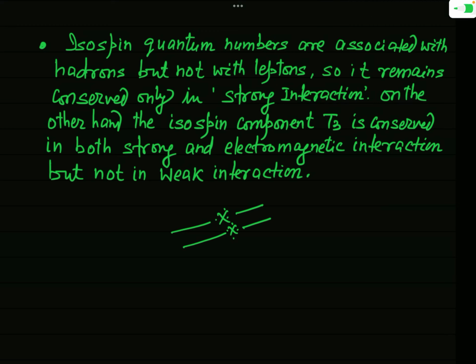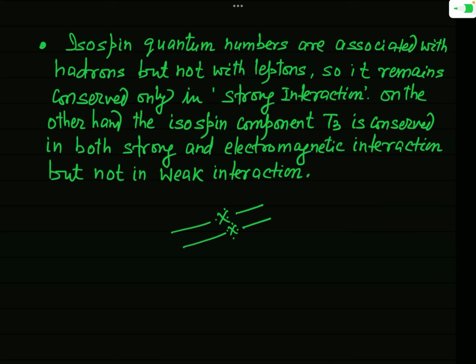Now you know that due to symmetry considerations, the isospin quantum number, which is associated with hadrons, not with leptons, will remain conserved. But in which interaction will it remain conserved? Since the isospin quantum number is associated with hadrons, and hadrons suffer the strong interaction, you can easily say that the isospin quantum number will remain conserved only in a strong interaction.